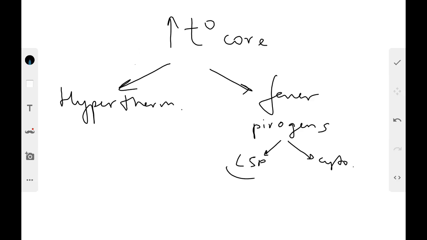What do they do? They change the set point of the hypothalamus. The normal set point is attuned to 37 degrees centigrade. Pyrogens increase the set point of the hypothalamus, and the normal temperature 37 becomes low.